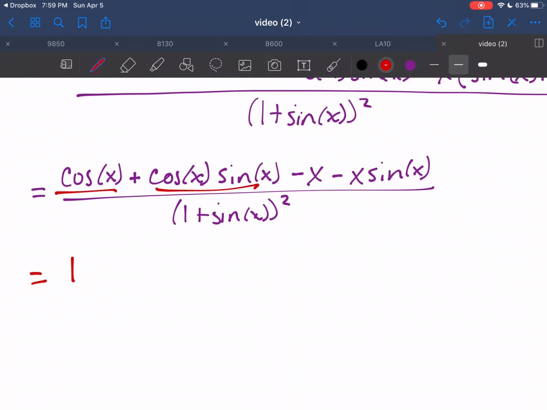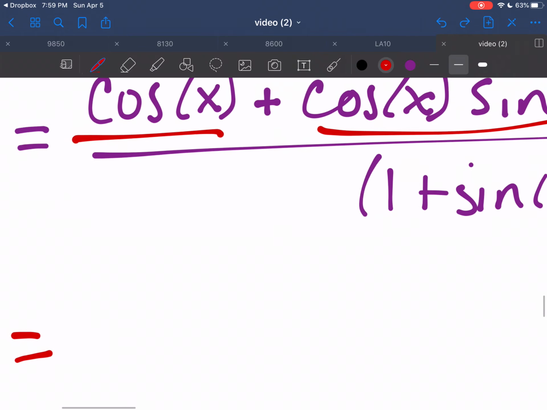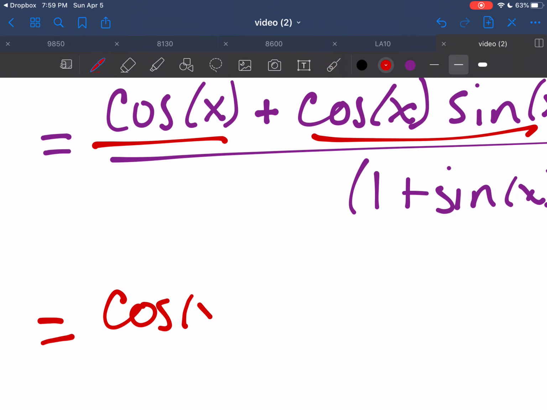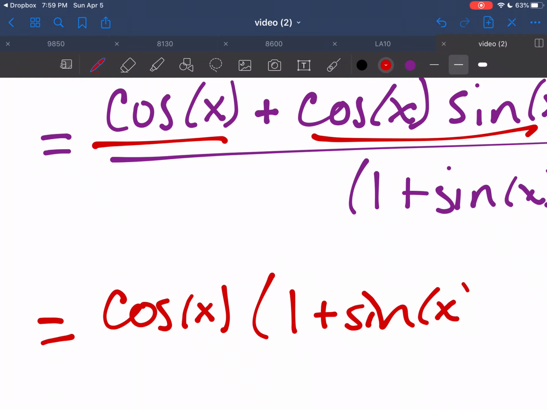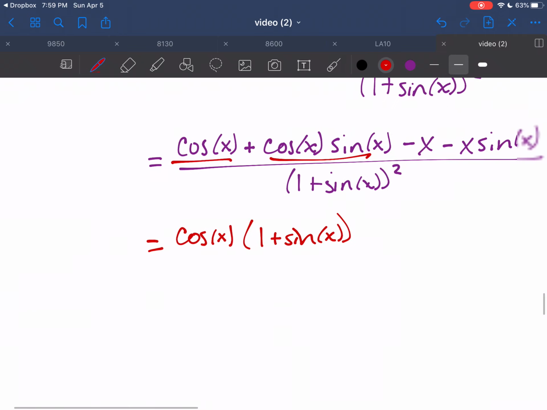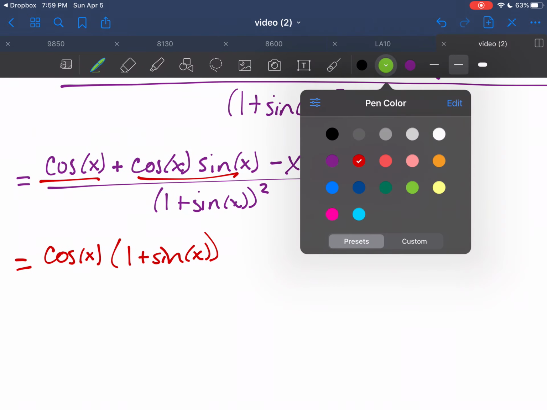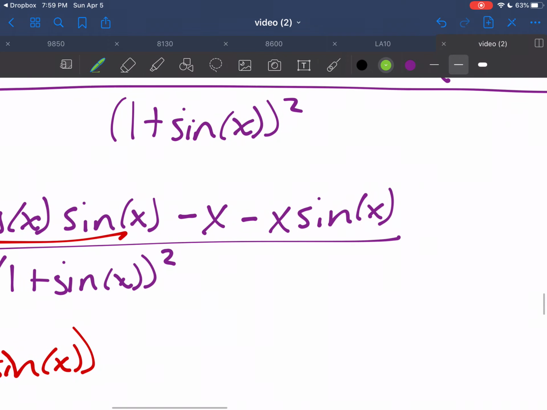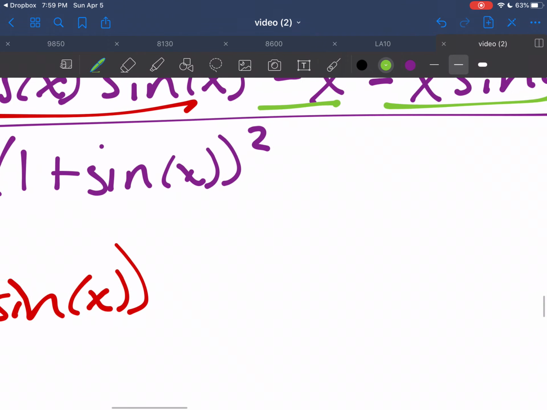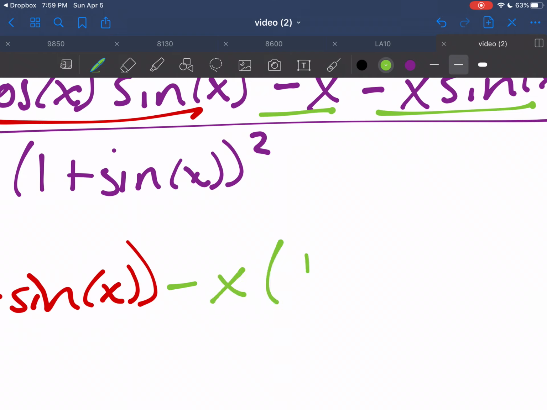So that becomes cosine of x times 1 plus sine x. Okay, and then we'll use green. I've got a negative x and a negative x that I can factor out. And that leaves me with a 1 plus sine of x.